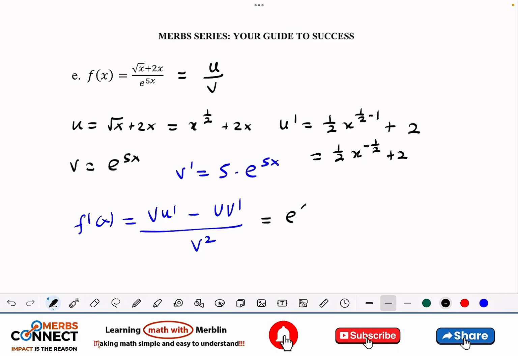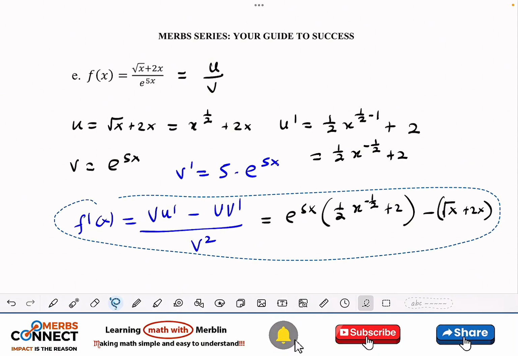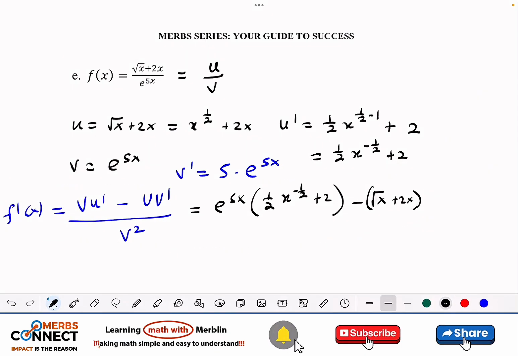Vn is e to the power 5x, and then u prime is 1 over 2 x to the power minus 1 over 2, plus 2, minus u, we can use the one with the root x plus 2x, times Vn prime. Vn prime is 5e to the power 5x, all divided by Vn squared. So Vn squared is going to be this, all squared.